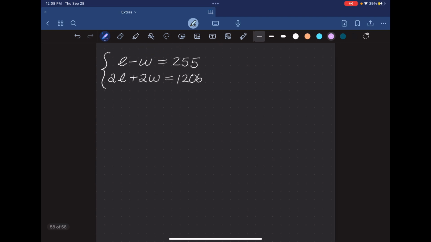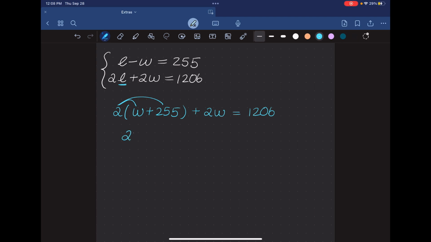So now when we're solving, we're going to plug in that our length is equal to the width plus 255. Notice I'm just plugging in my length in this second equation for W plus 255. Then I have plus 2W is equal to 1,206. Now I'm going to solve this equation for W. I can start by distributing the 2.